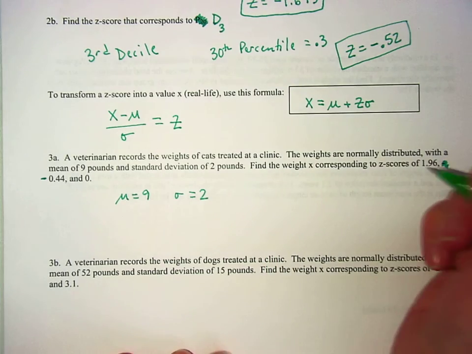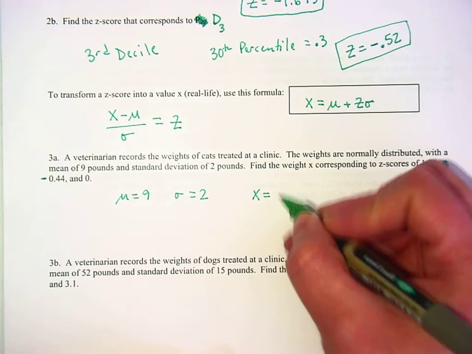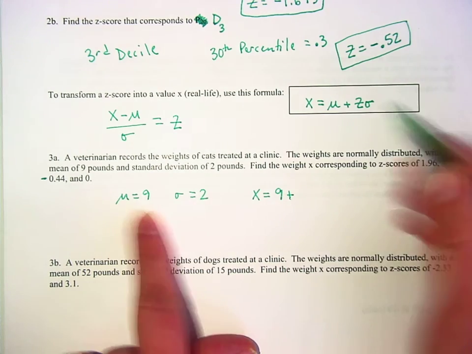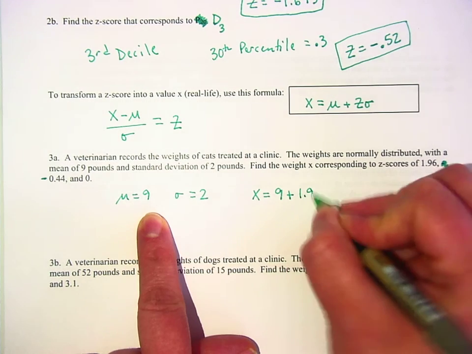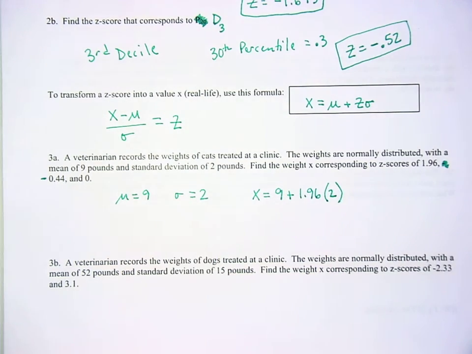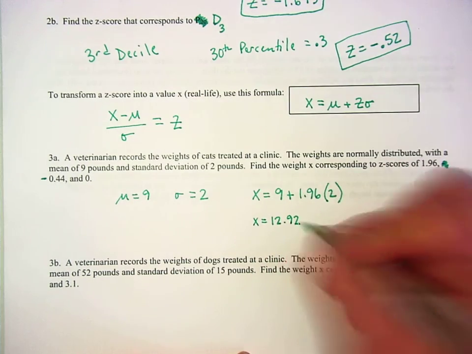Okay, so to figure this out, we're going to do x equals mu, which is 9, plus a z-score, which is 1.96, times sigma 2. Just filling stuff into the formula. That cat is 12.92 pounds.